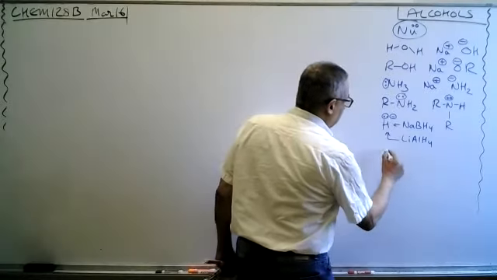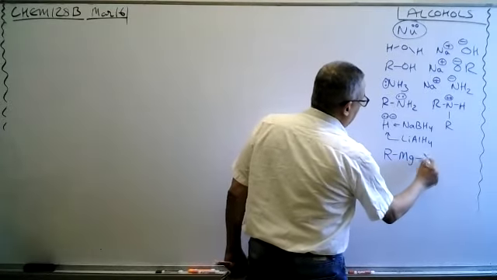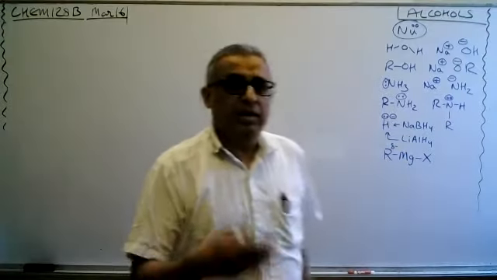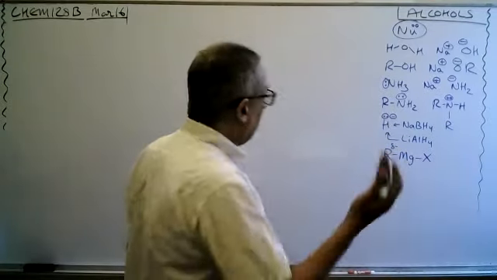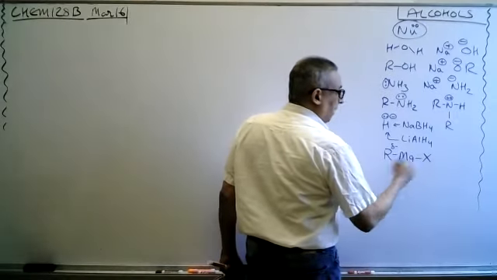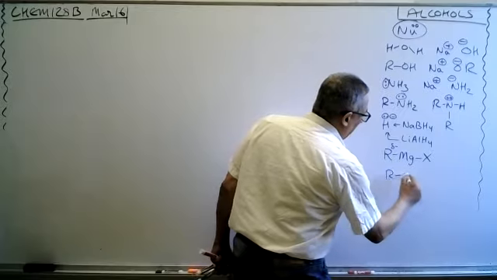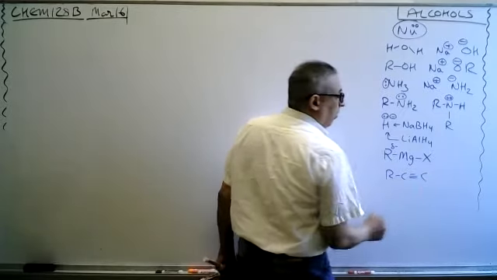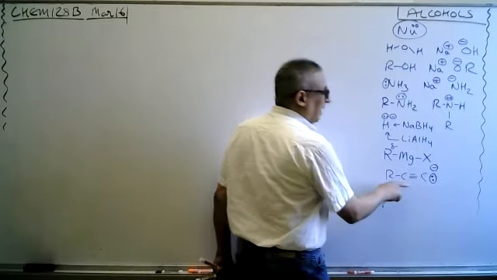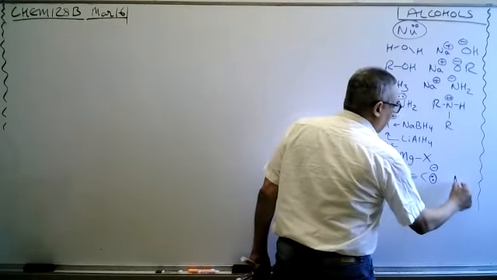Carbon nucleophiles, you can have R MgX, where R is an alkyl group or an aromatic group, which we can talk about later. And these are called Grignard reagents. We have discussed it. I'm not going to write it down. And then you can also have R triple bond, a minus charge, so an alkynyl anion and a corresponding cation.